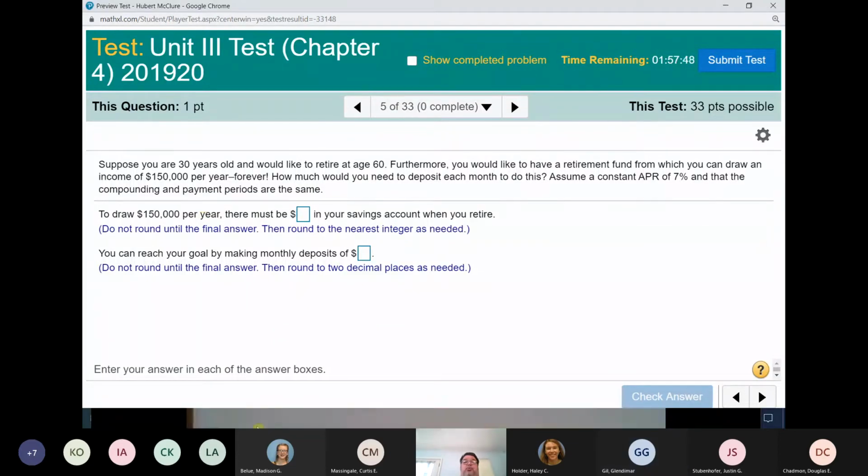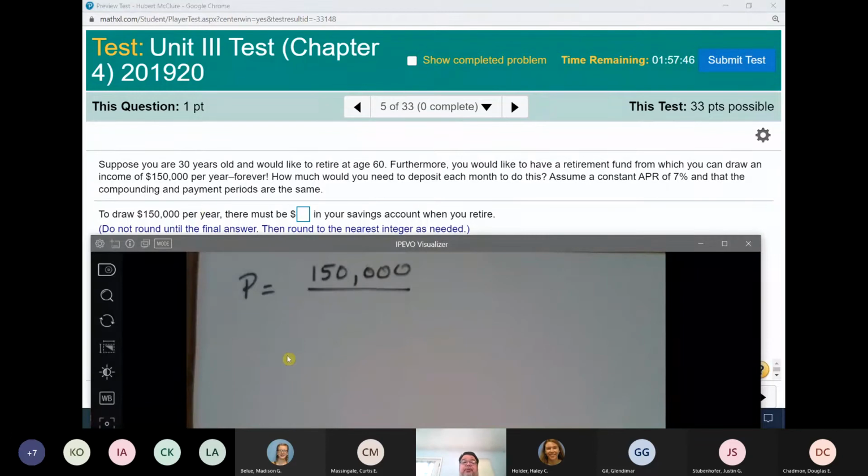Look in your notes. We did one like this because I made sure that you highlighted the word forever. And I said the first thing you got to do is divide the money amount, the desired amount, by what?